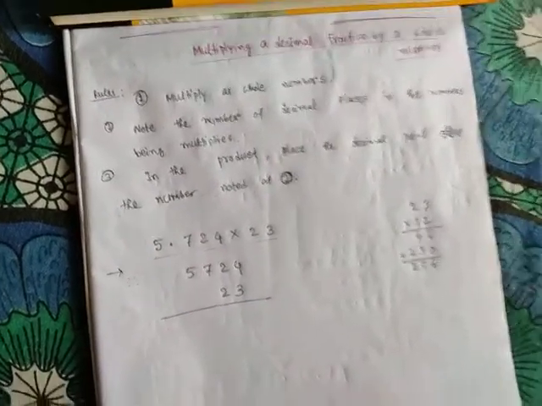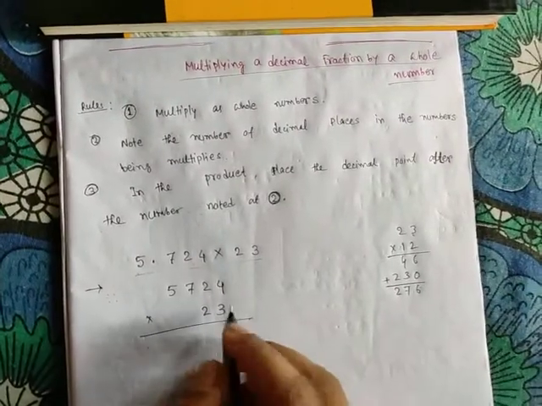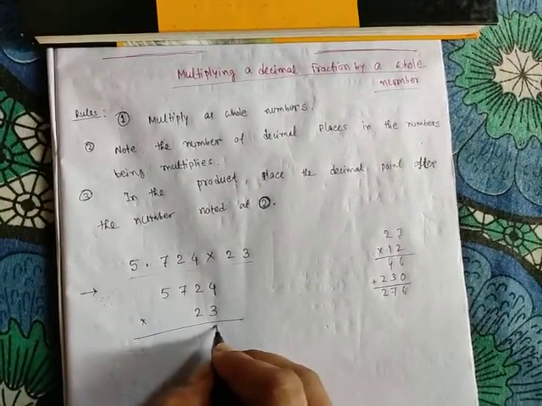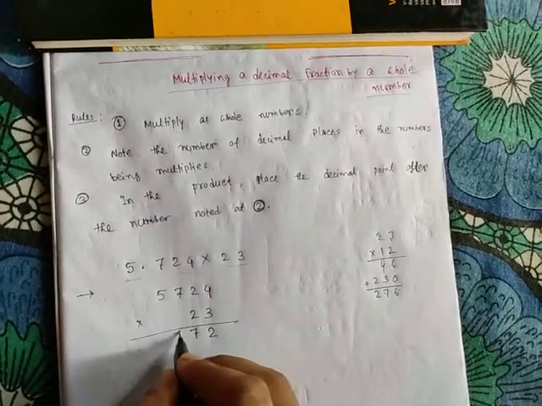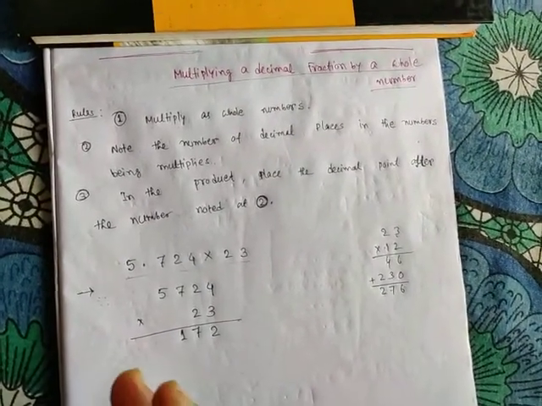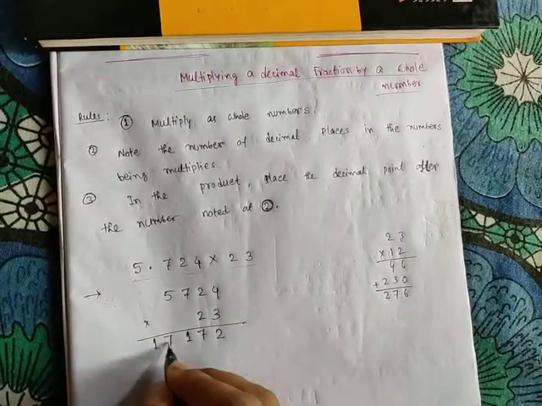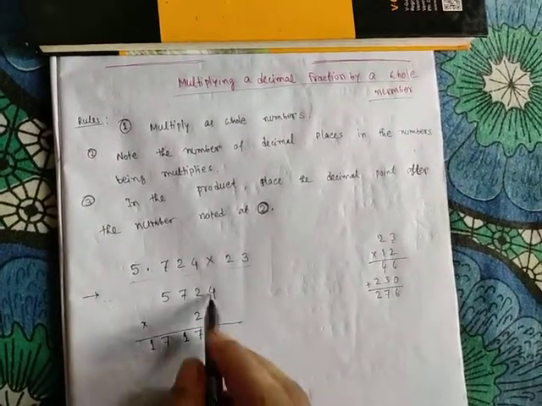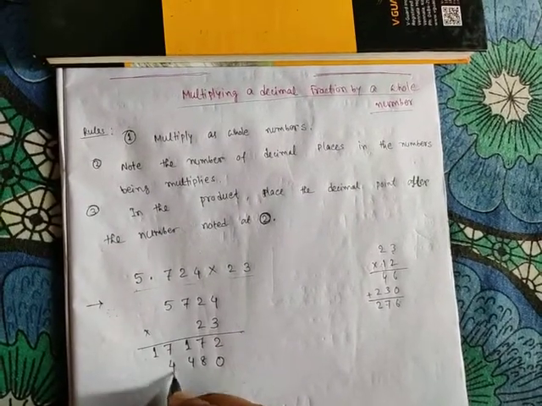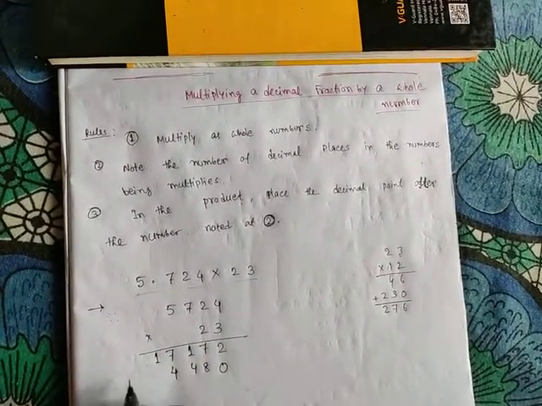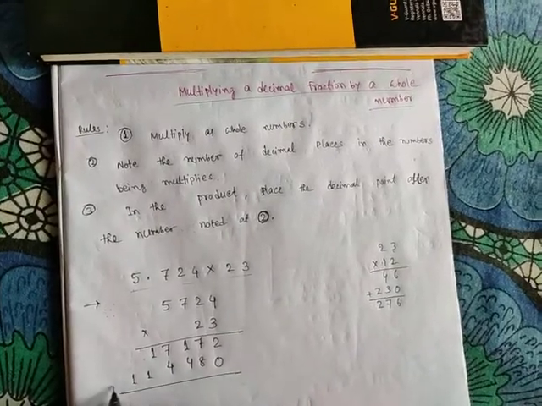Next, do the multiplication. 3 times 4 is 12, 2 carry 1, and so on. Then do the addition.